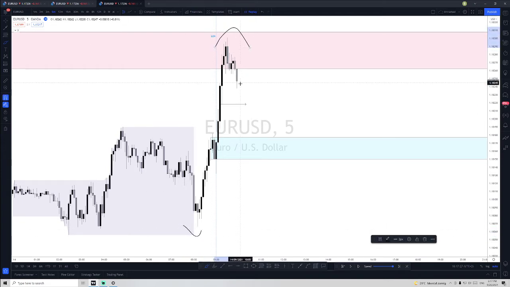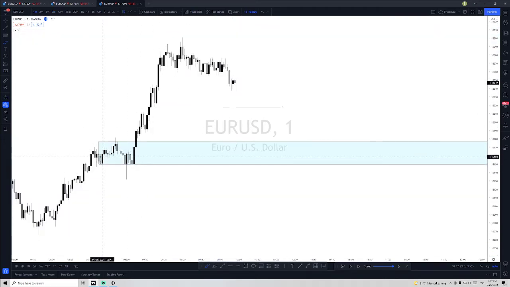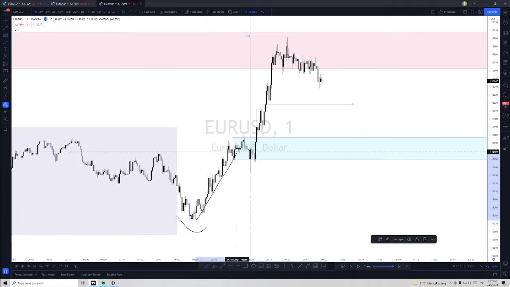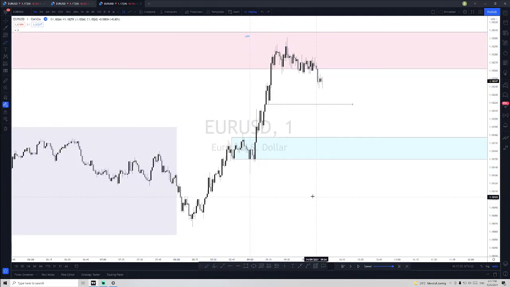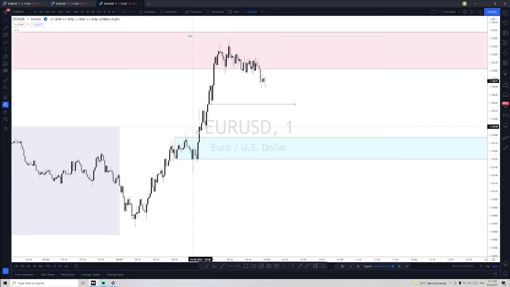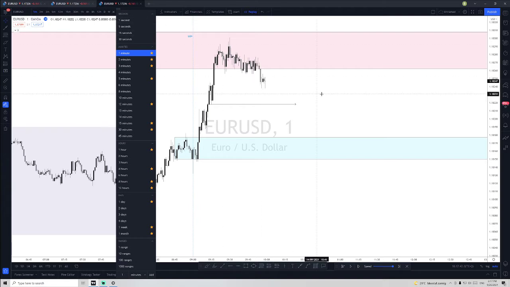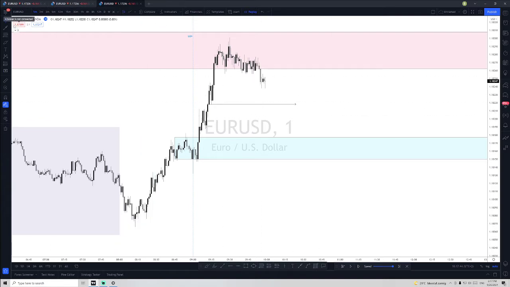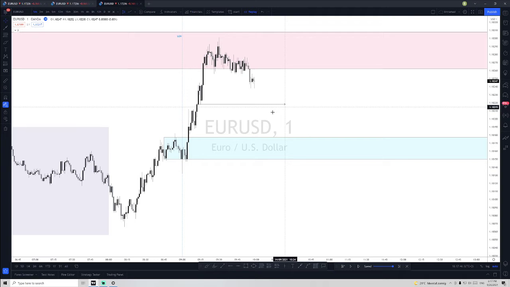But for me, this is more of a structure point, because like I said, we have a rally, then a short break, and then a rally again, right? So this for me is the structure. But again, if you look at the seconds time frames, which I'm currently not using, but I will in the future, then yes, this would be a structure point.